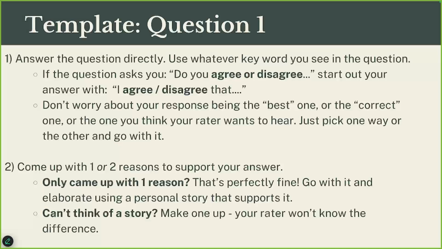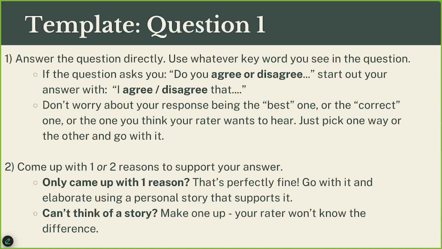None of that matters. What matters is how well you can speak for 45 seconds on your opinion and support it. The raters don't care which direction you go, agree or disagree, you like it or you don't like it. So whatever you come up with, go with it. And just that will be your response.